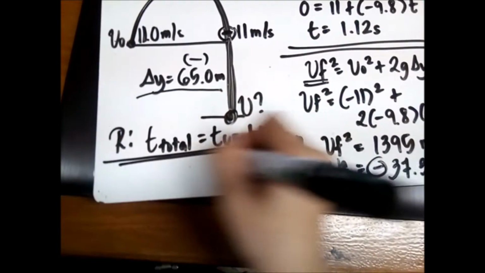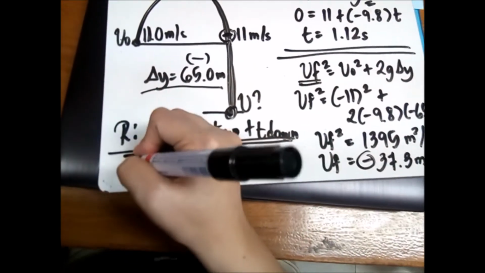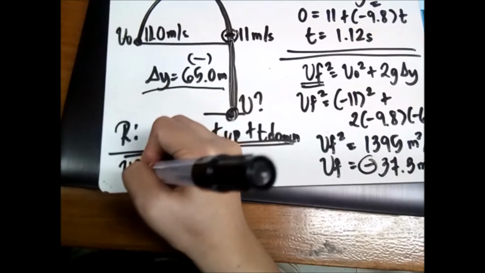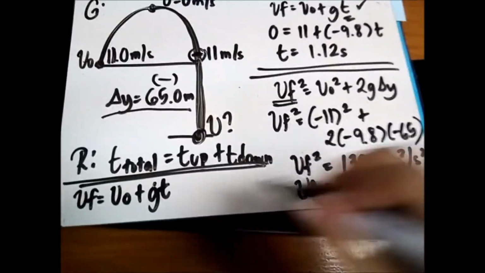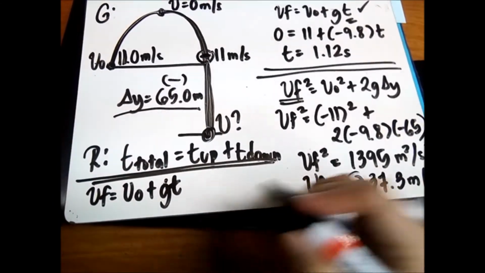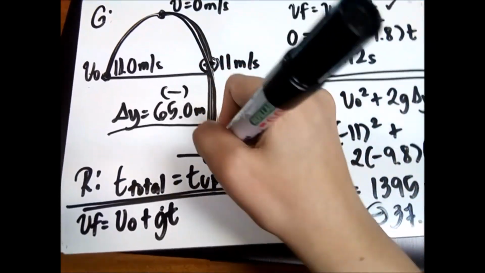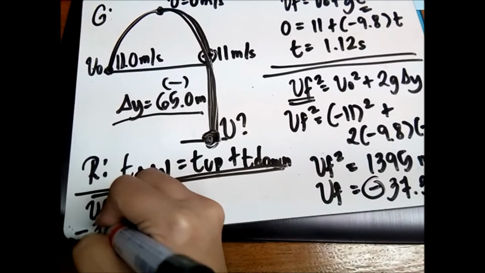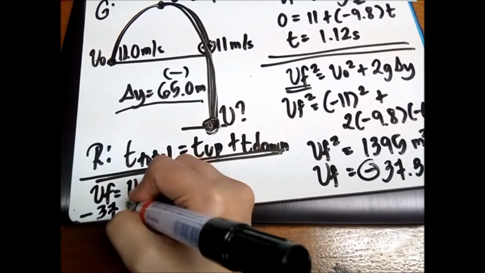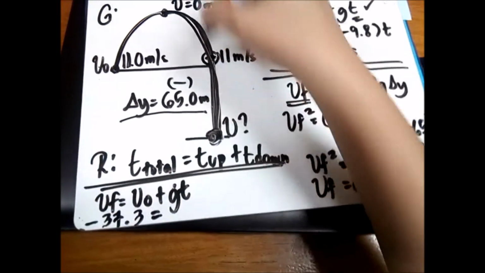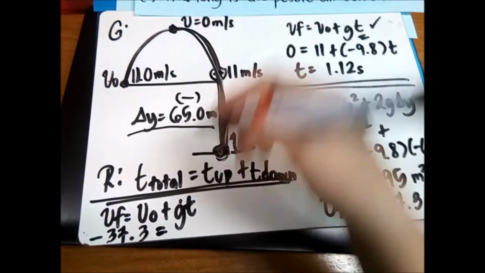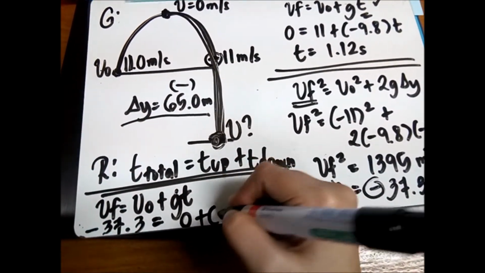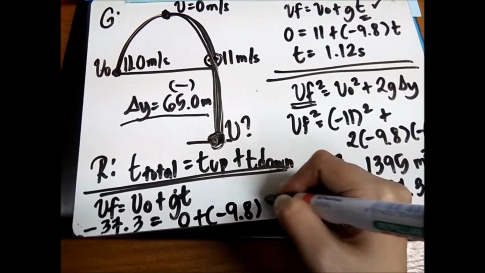Okay, so using the same formula, we can compute for time down. Okay, so using Vf equals V initial plus GT. This time our Vf is negative 37.3. Our initial velocity from the maximum height is 0 plus negative 9.8 t.